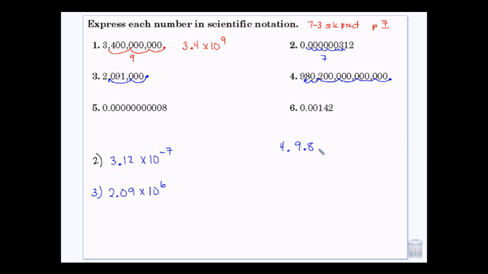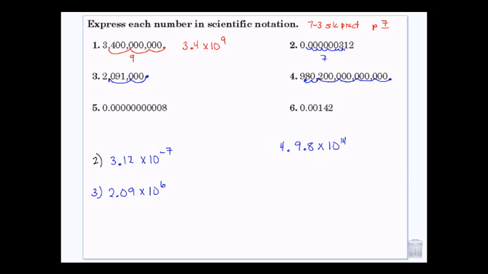So it's just going to be 9.8 times 10 to the 14th. We just skip the 0. You don't need to write that. Now, if this 2 was like an 8, you could round that up. But since it stays a 0 when we round, we don't need to write zeros. They just go away.